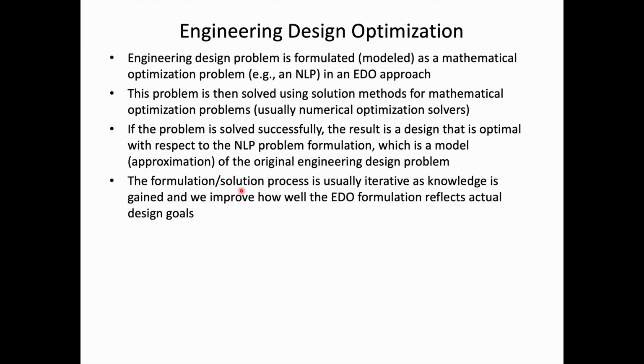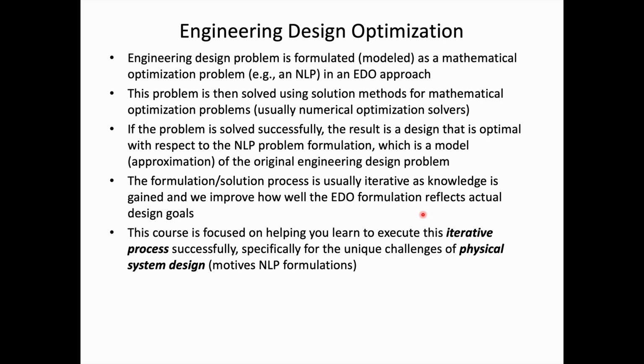The formulation and solution process, this process of formulating an optimization problem and solving the optimization problem, is usually very iterative. We gain knowledge through this process, and sometimes that knowledge helps us to go back and adjust the design optimization formulation so that it does a better job reflecting the original design goals or being a better model of the actual engineering design problem.